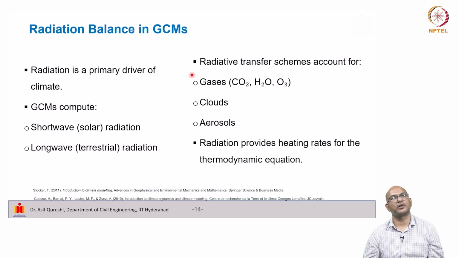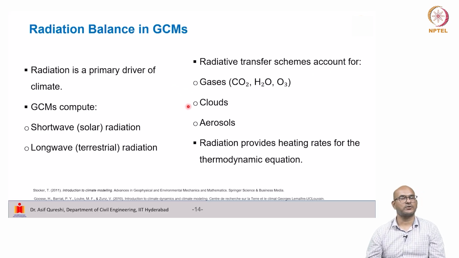Now, when we talk about radiation balance, radiation is of course, as we know, the primary driver of the climate. Now, our GCMs compute the shortwave radiation, which is the solar radiation, and the terrestrial longwave radiation. When we are computing and parameterizing these radiations, these radiative transfer schemes then account for different gases in the atmosphere.